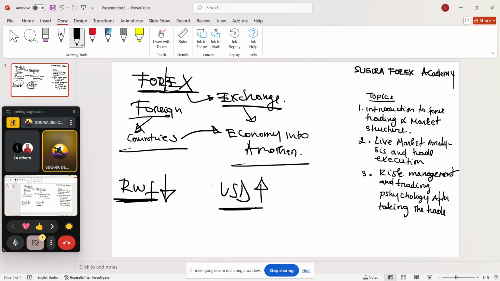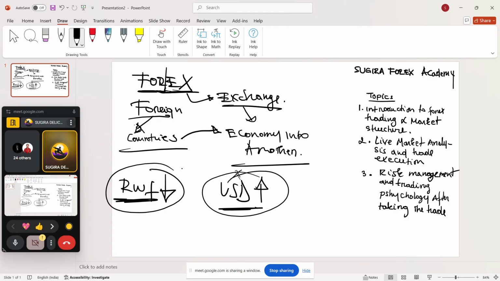As forex traders, we analyze the difference or change in values between these two countries' economies so that we can take advantage of it with the purpose of making money.